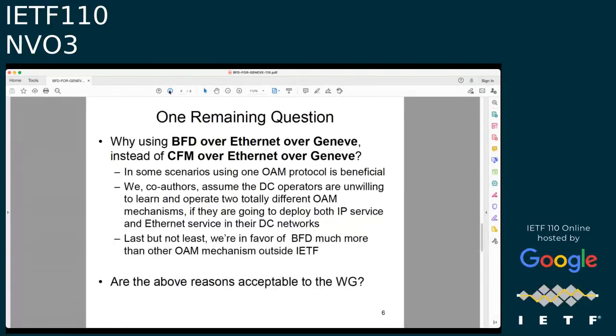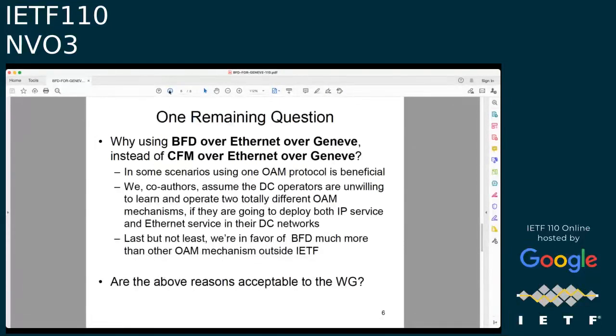Number 1, in some scenarios, using one OAM protocol is beneficial. For example, that can reduce the amount of code. If we use both BFD over IP over Geneva and CFM over Ethernet over Geneva, then different sets of code are needed.